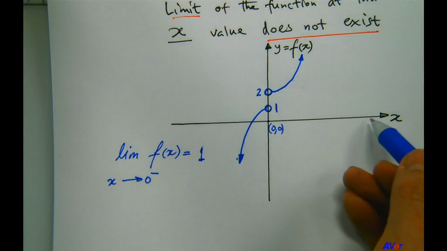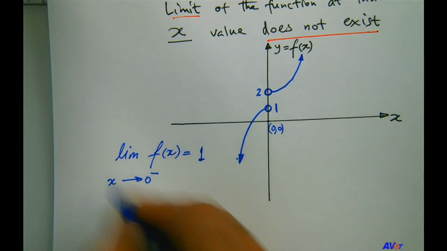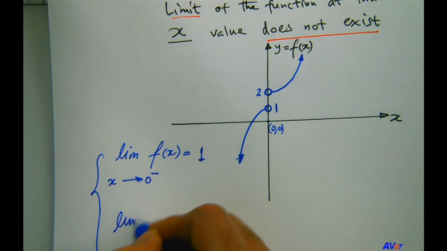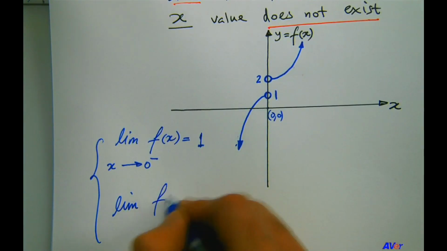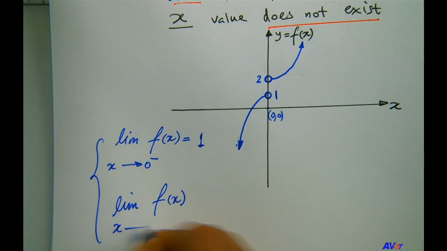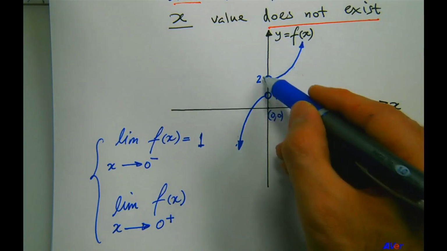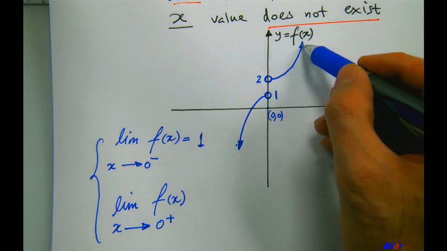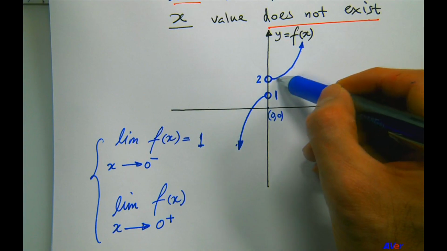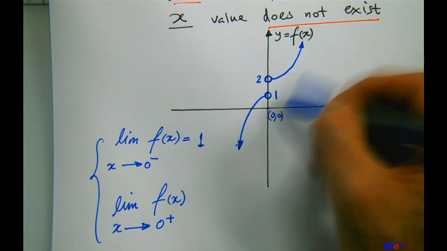What happens as we approach 0 from the right? Right? So the limit of the function f of x as x approaches 0 from the right, from this side, is equal to 2, right? As I move along this curve, x values are getting closer and closer to 0, because that's where x equals 0.